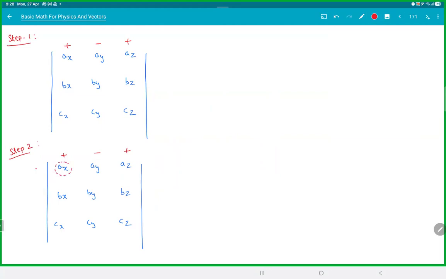When you choose AX, you remove the first row and the first column. You have created a 2 into 2 determinant here. So this is plus AX into BY CZ minus BZ CY. So this has taken care of the first item.